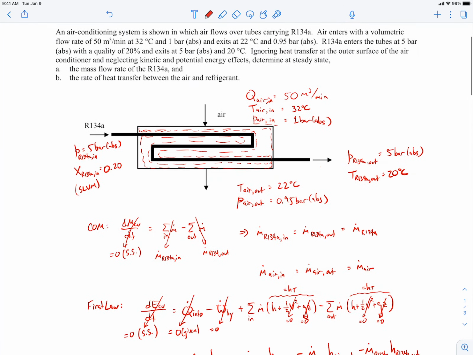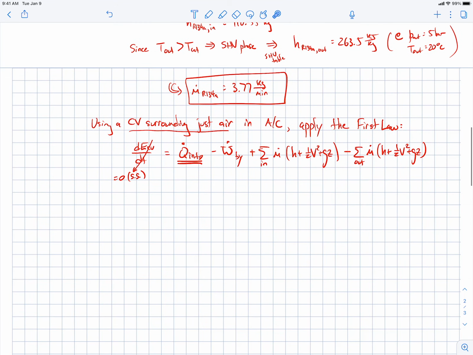What I mean by that is there's heat transfer between the tube and the air, but there's no heat transfer between the air and the box and the surroundings, right? Because the box was well insulated. There's still no work, no power being done here. We're still neglecting the kinetic and potential energy changes because we're given that.